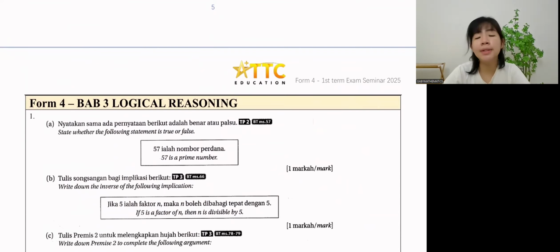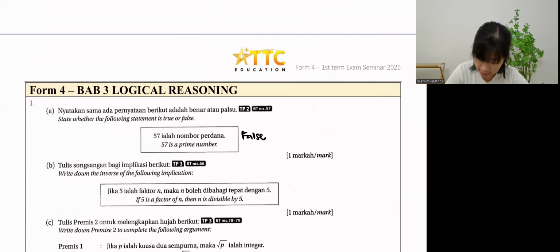State whether the following statement is true or false. 57 is a prime number. True or false? Is 57 a prime number? No, 57 can be divided by 3. So false. Okay, false. Next.